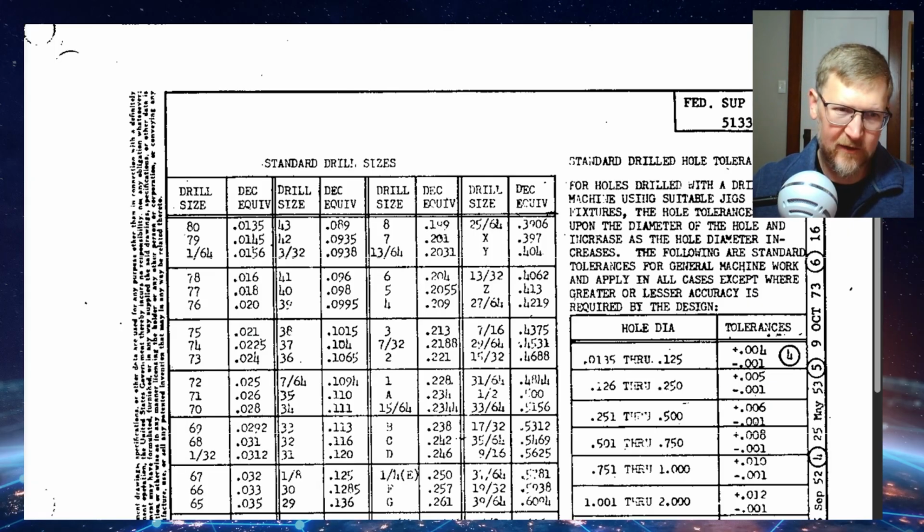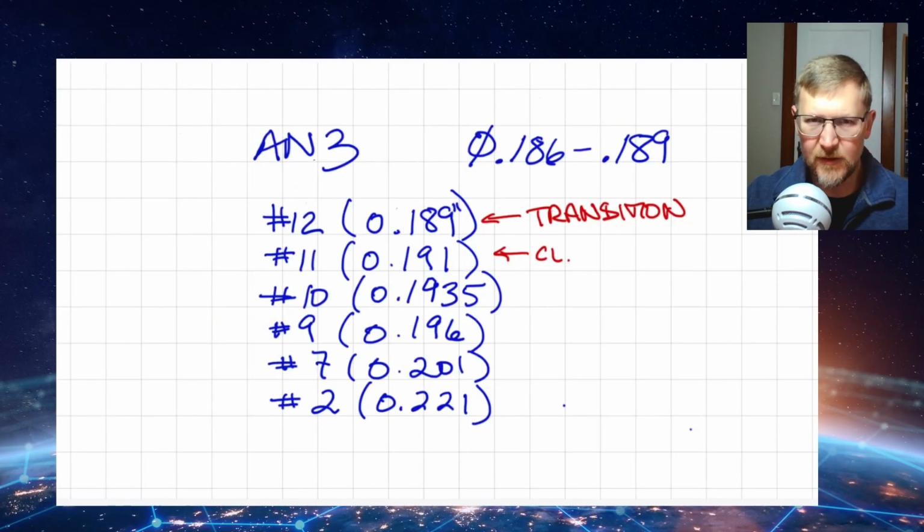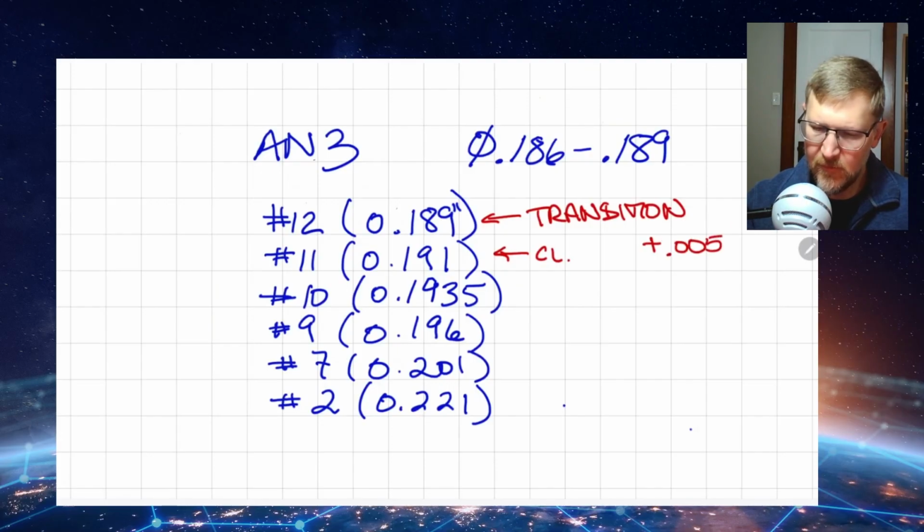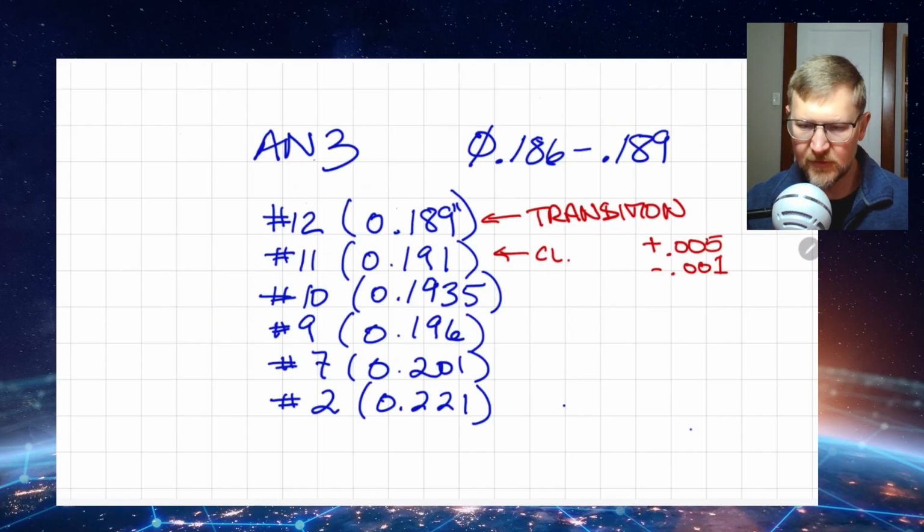So if we go back to our dimensions here and we look at our typical tolerance, it is going to be plus 0.005 or minus 0.001. So again, right here, as I'm looking at this 191, I could be down to 190, which still technically has clearance to that 189.